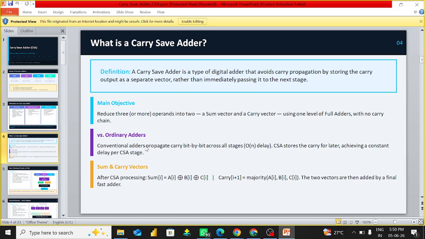Just remember these two words: carry vector and sum vector. So again, what is a carry save adder? It is a digital circuit that adds three operands simultaneously and produces two outputs. So what is going on here? We are not propagating carries.